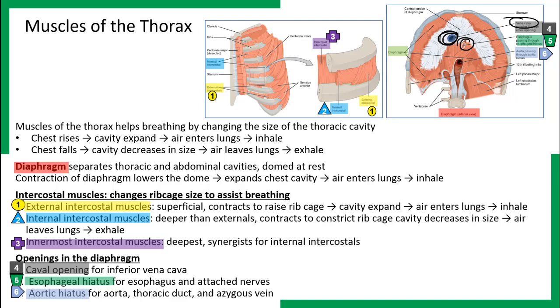And then the third one is the aortic hiatus, which allows the aorta, thoracic duct, and azygous vein to pass through. But other than that, the diaphragm acts as a wall between the thoracic cavity and the abdominal cavity.